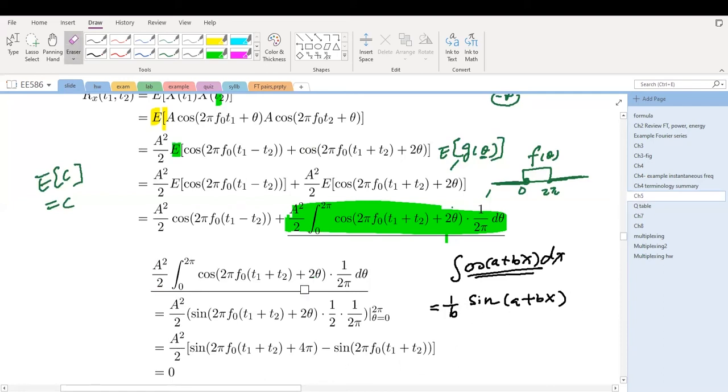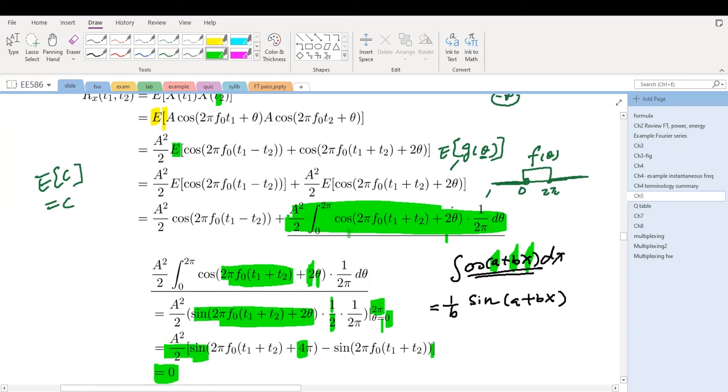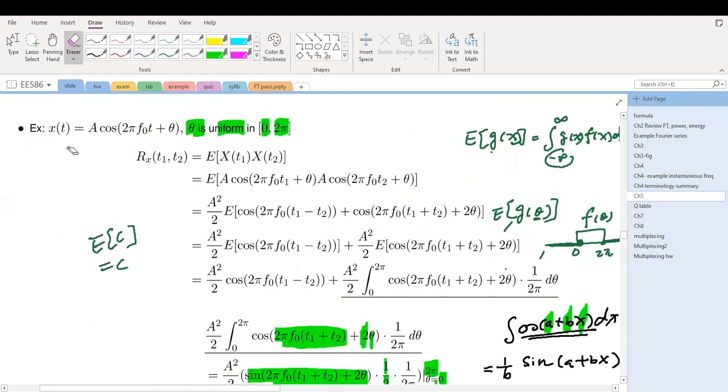Here the constant term is a, b is the coefficient, and theta plays the role of x. So we plug it in, with the half and the sine. For the definite integral from theta equals 0 to 2 pi, this term equals 0. In other words, this integral is 0. So we can obtain the autocorrelation for this random process, which equals this term.